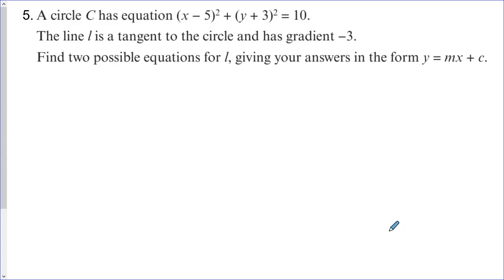Okay, last example for this section. Circle C has this equation, so we know the centre and radius straight away. Given the line L is a tangent to the circle and has gradient -3, find two possible equations for L in the form y equals mx plus c.